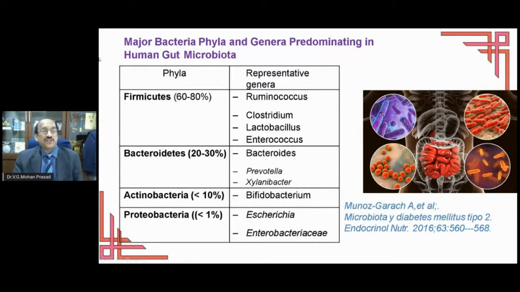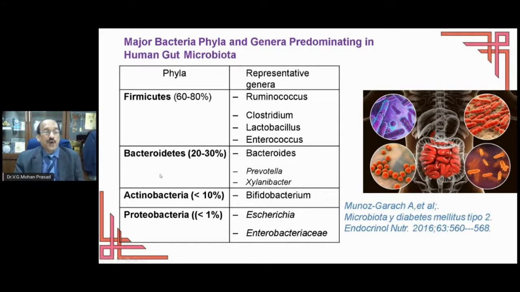So what are the major bacteria phyla and the genera predominating in the human gut microbiome? You see, 60 to 80% are Firmicutes: Ruminococcus, Clostridium, Lactobacillus, and Enterococci are the major Firmicutes. We all know because we keep treating our patients with Clostridium, Lactobacillus, and Enterococcus. Not much of Ruminococcus is used in the probiotics that are marketed.